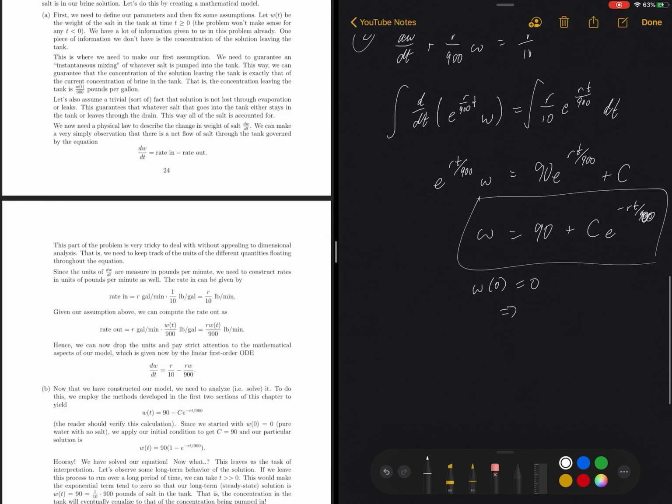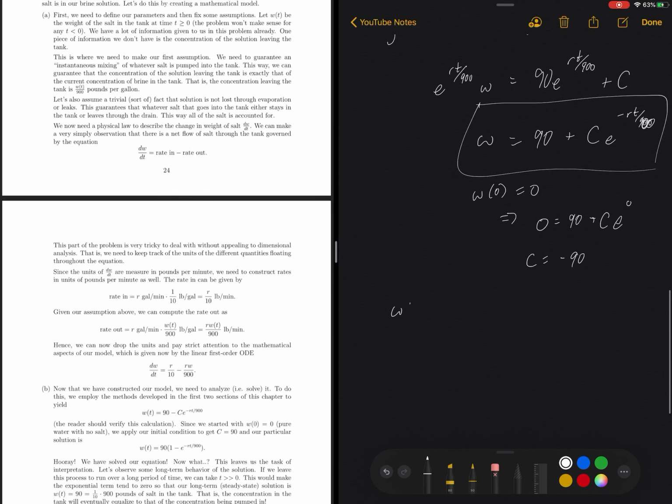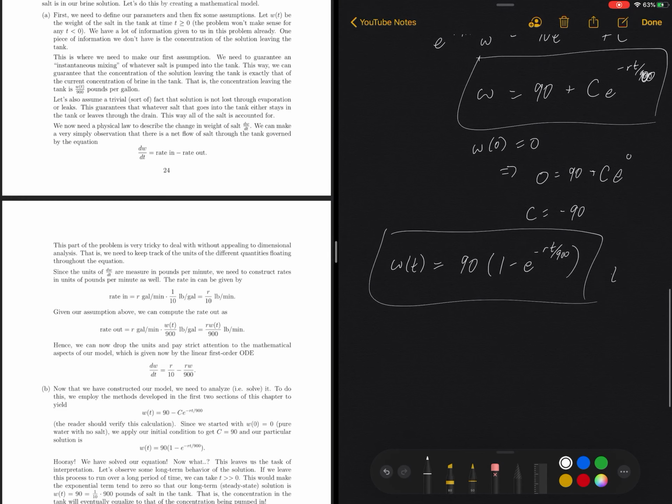There we go. And that would solve the differential equation in general form, but I use my initial condition to show that 0 equals 90 plus c e to the 0, so c is equal to minus 90. And my final particular solution here is 90 times 1 minus e to the minus RT over 900.